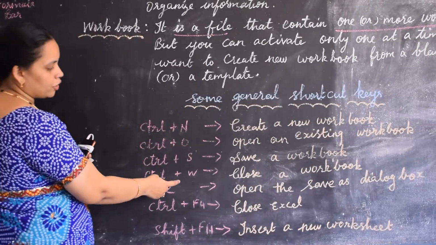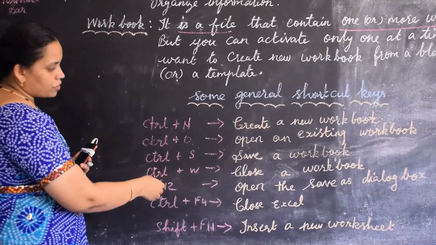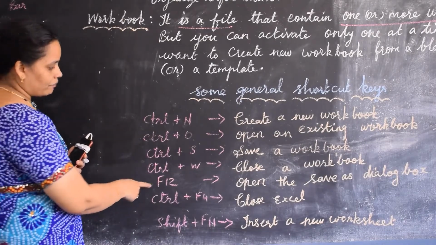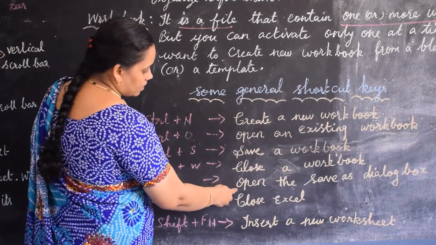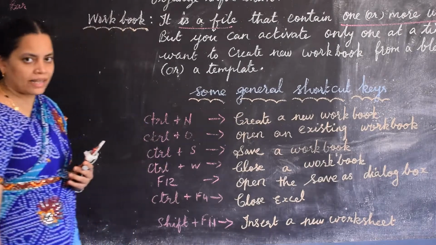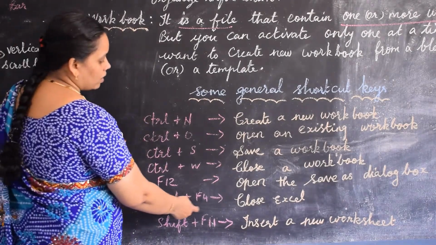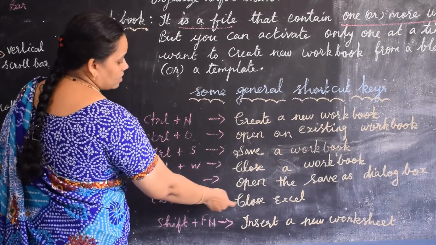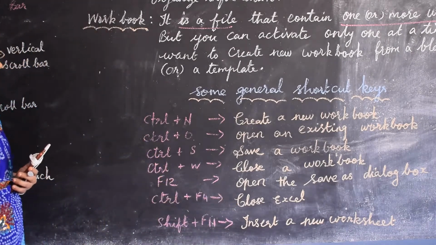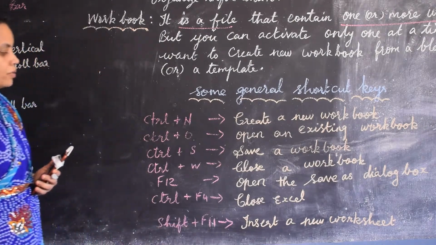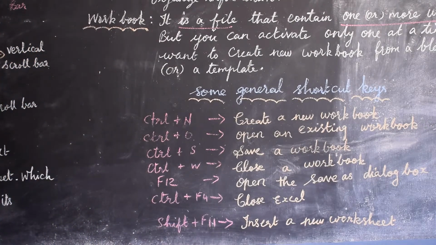Ctrl plus W is used to close a workbook. The next shortcut key is F12, a function key. It is used to open the Save As dialog box. The next one is Ctrl plus F4, used to close the Excel window. The last key is Shift plus F11. It is used to insert a new worksheet.